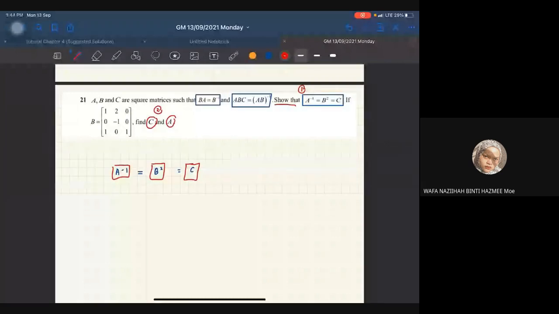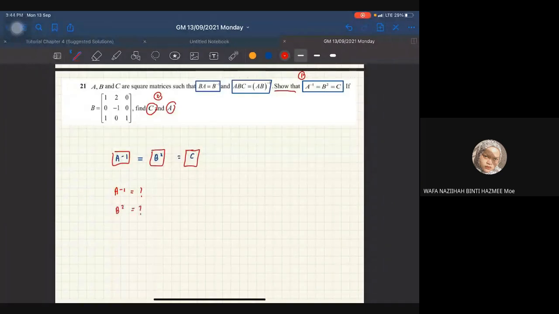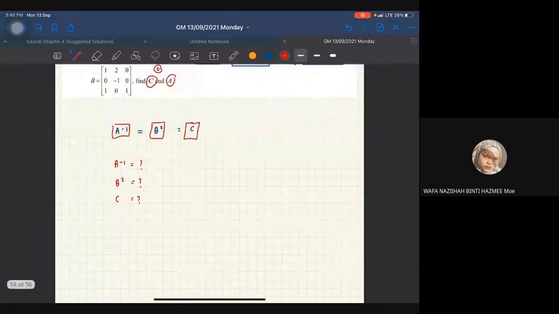So maksudnya apa yang awak boleh buat dekat sini is first, awak cari dulu what is your A inverse. Okay, and then awak cari what is your B squared and then cari what is C. Lepas dah cari ni, macam mana awak nak tahu dia tu sama ataupun tak? Kita compare lah.